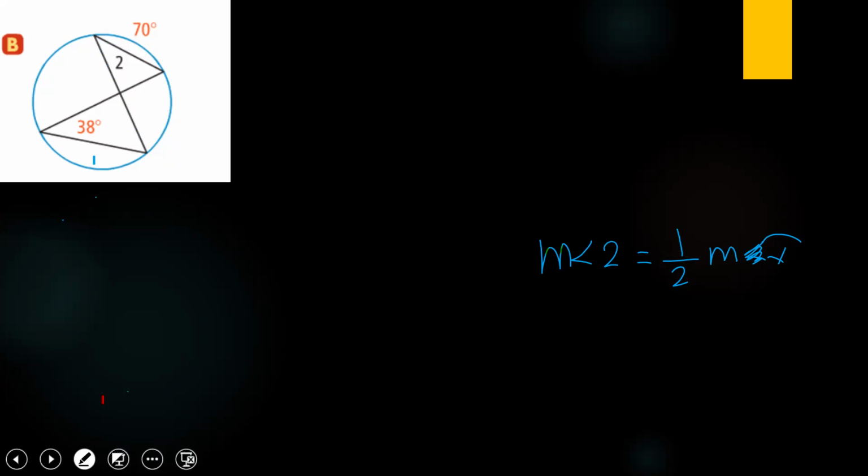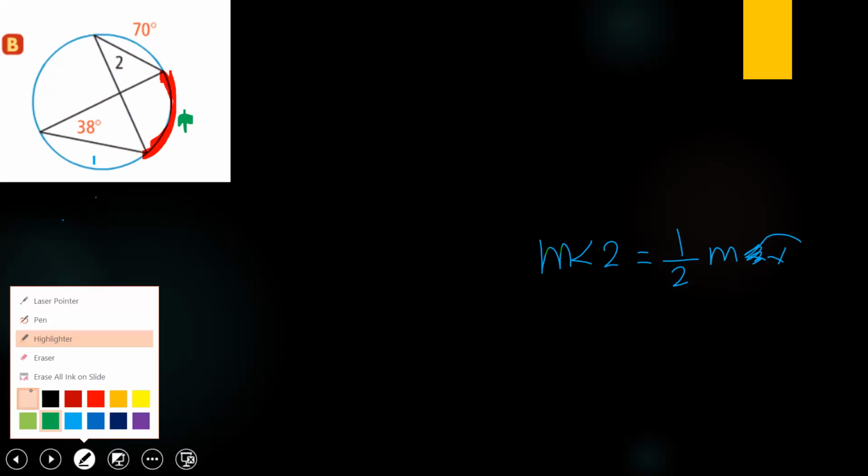This is 38. We have this point and this point. So this will be the arc that is intercepted by the angle 38. Is it right? Yes.